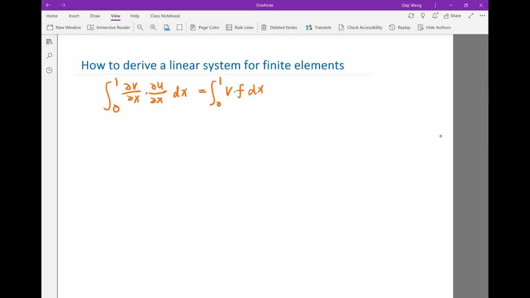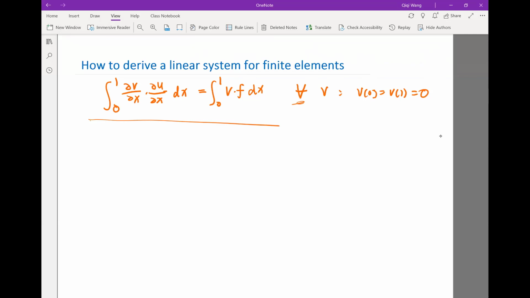Again, we want to find the solution u such that this weak form is satisfied for any v which satisfies the boundary condition v(0) = v(1) = 0. This symbol means for any.